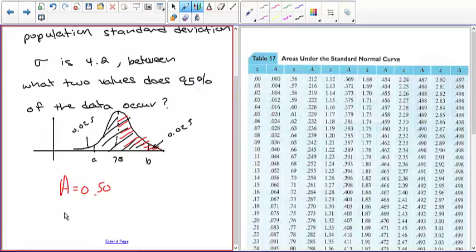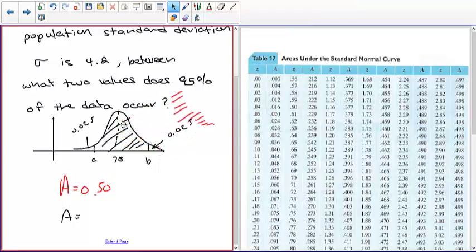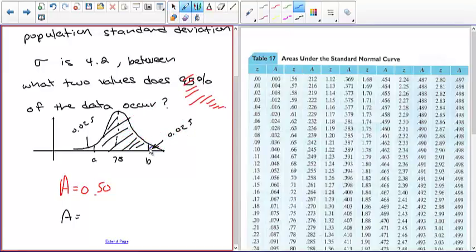This little sliver out here, let's call it the blue area. So the little blue area is 0.025. And we'd have some blue over there, which would be 0.025.